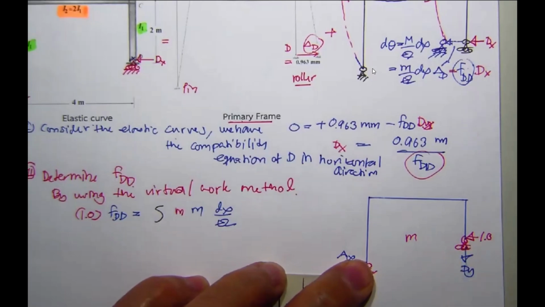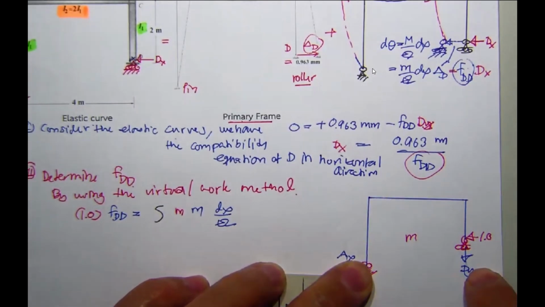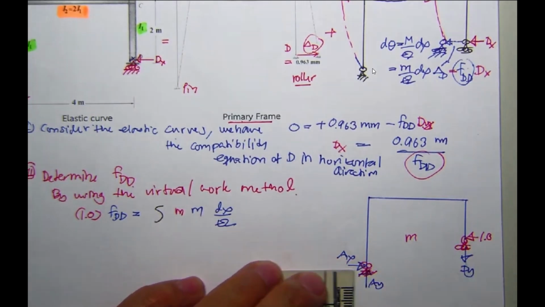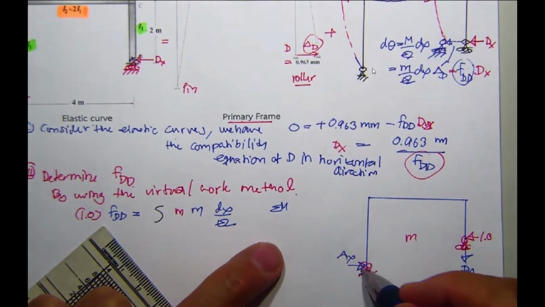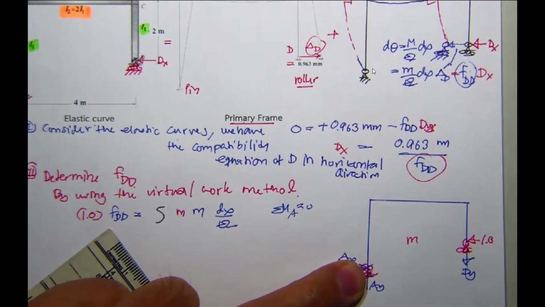D sub y is located clockwise, and this one is located counterclockwise. So expect D sub y down in the opposite direction. Since D sub y is down, A sub y is gonna be upward, and then you simply do the summation of the moment about A equal to 0.